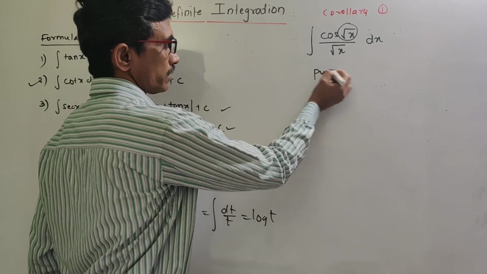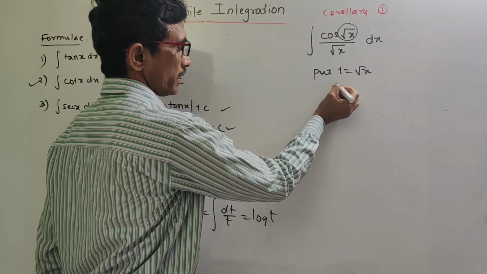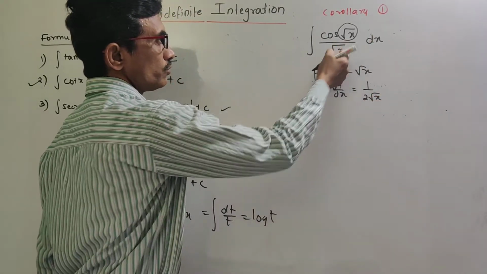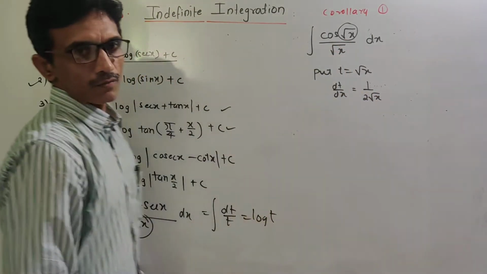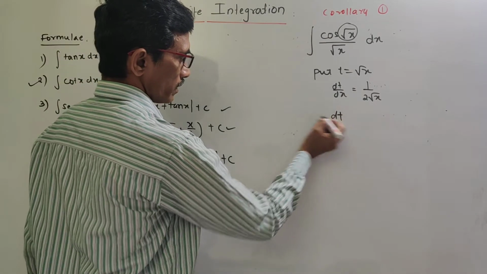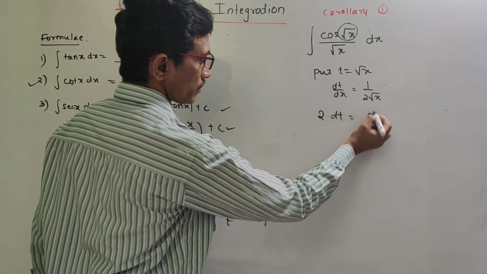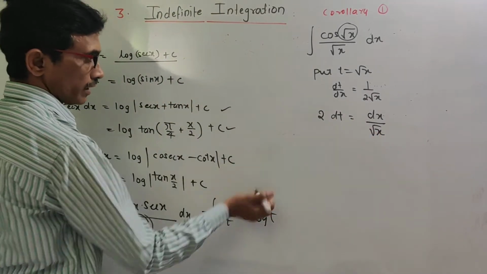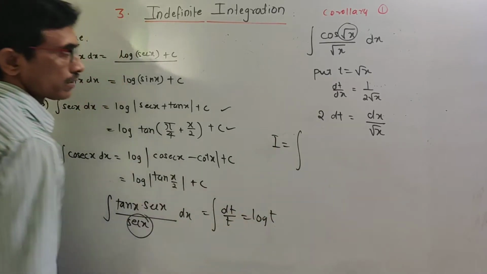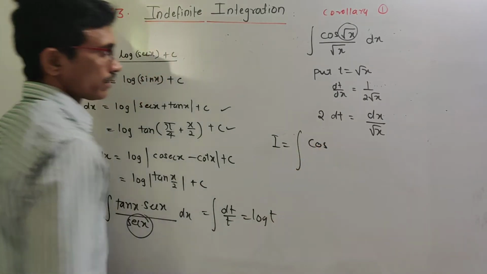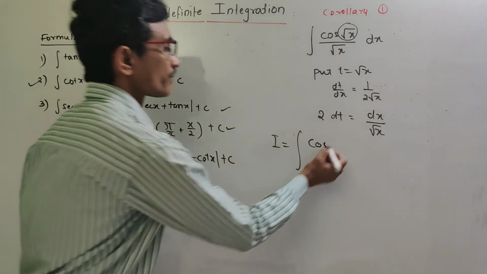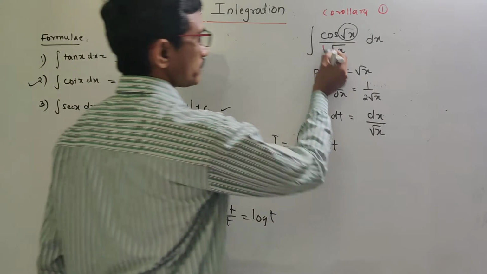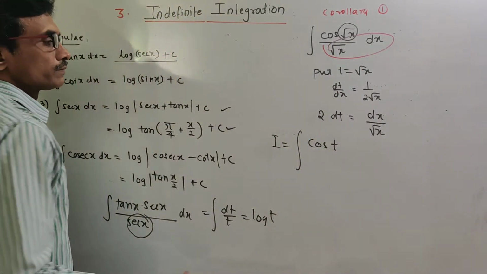So our substitution: t is equal to root x, and dt by dx is equal to 1 upon 2 root x. 1 by root x is required, therefore 2 dt is equal to dx upon root x. Then our integral I will be equal to cos of root x, that is cos t, and dx upon root x is equal to 2 dt.